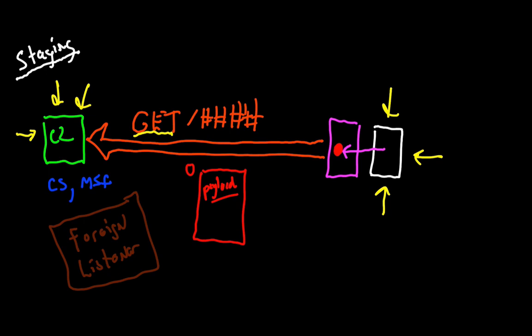But the three big takeaways I want you to understand is staging is what allows us to use a Metasploit framework exploit to deliver a Cobalt Strike beacon payload. It is also what allows us to pass sessions to the Metasploit framework. But because there is a predictable way to download a Cobalt Strike payload, it also creates a big OPSEC concern as well.